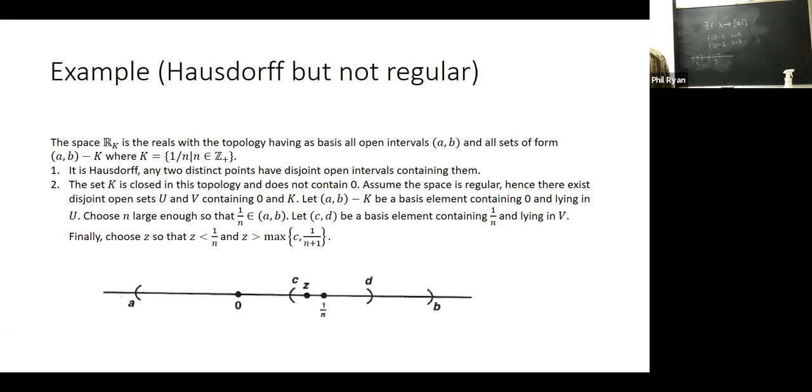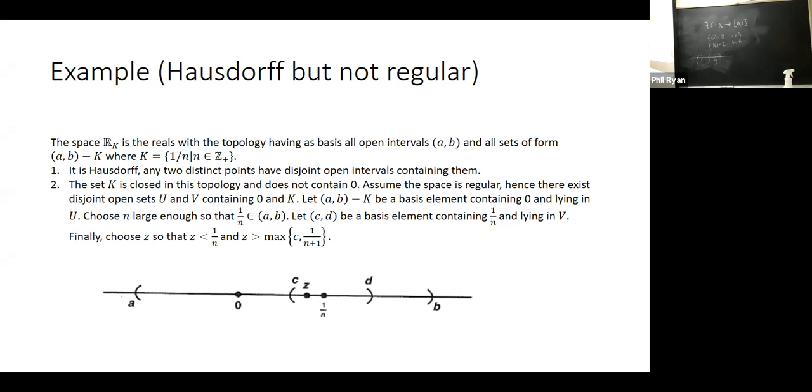Okay, so let's argue by contradiction. Let's say the space is regular, then there exist open sets U and V, so 0 is in U and K is in V. Let's have a look at U. U is an open set, so it has to contain a basis element.